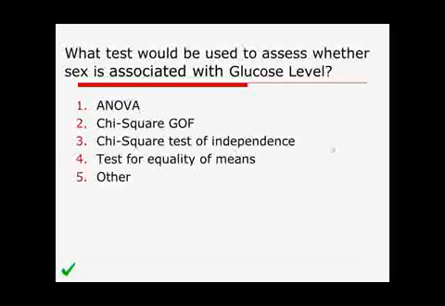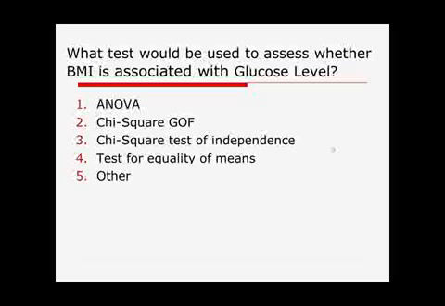Okay. So this would be a test for equality of means because glucose level is now continuous, and we have two groups, men and women. Okay? Now, some of you are saying ANOVA. You can do ANOVA with two groups. I usually think of doing the t-test for a difference in means just because it's easier. But ANOVA is mathematically equal to that, so that would be okay too.